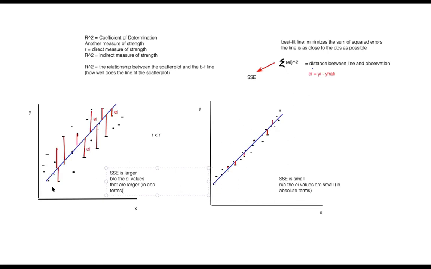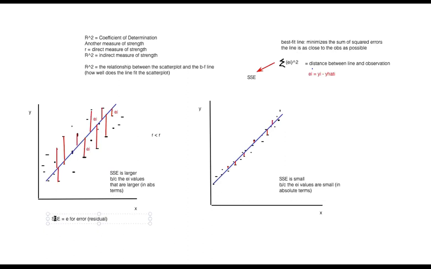Okay, so now I want you guys to look at SSE. I want you to consider this E here, EI, and then this letter E here, E for error, but the more correct term is residual. So the more correct term is residual. Residual is simply the distance between line and observation.